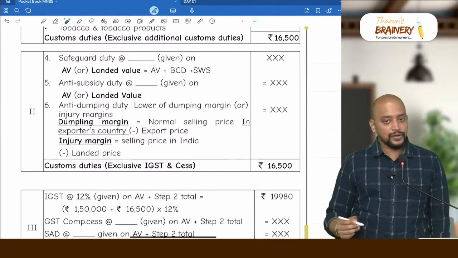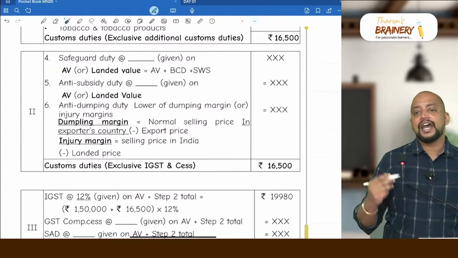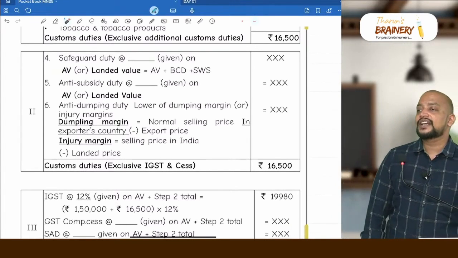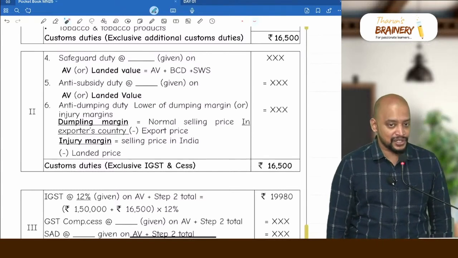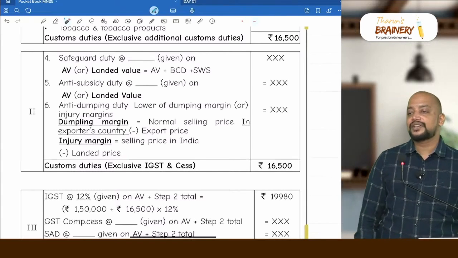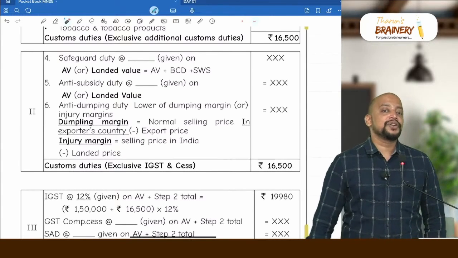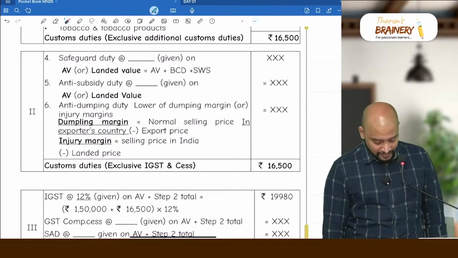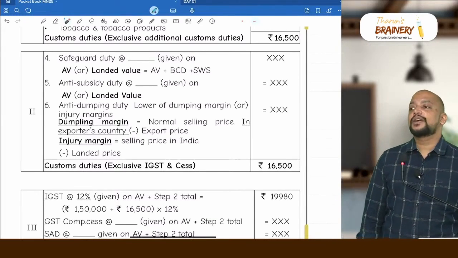That's an assumption. If you see the beginning of this book and the end of this book, I have given important assumptions to be taken while solving the questions. In that list of assumptions I have clearly listed out that while computing anti-subsidy duty and anti-dumping duty, what is the assumption number? 24, assumption number 24.